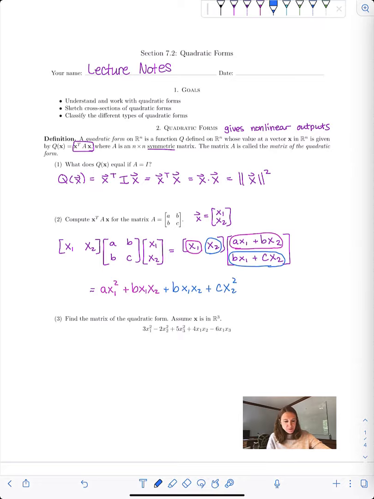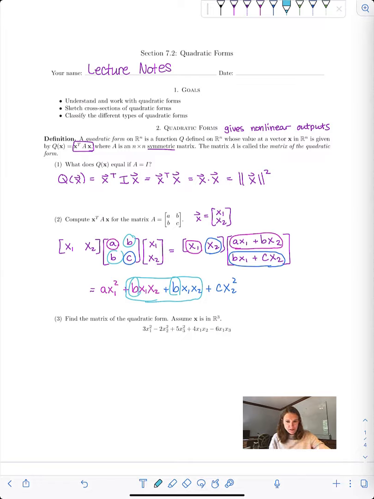And so what you'll notice is that your diagonals are your coefficients of the squares, and then your off diagonals are showing up as the coefficients of what's called the cross term.